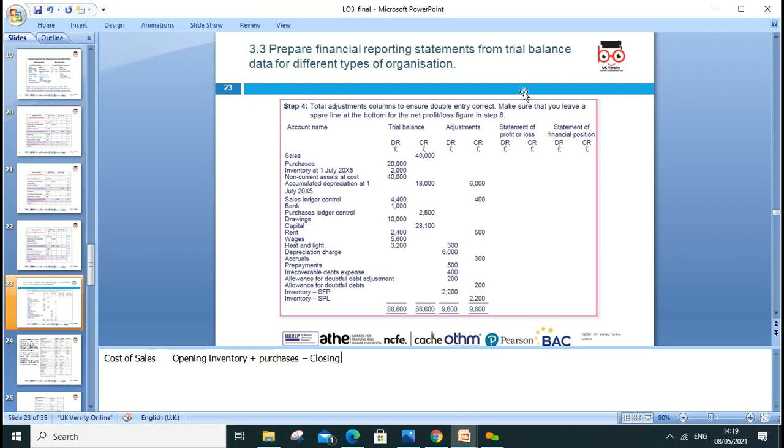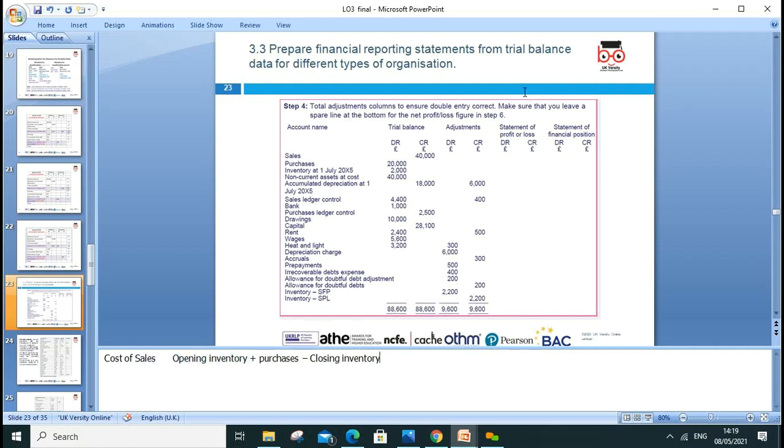That's given here in the trial balance. You will see it in the statement of profit and loss, 2,200, and in the statement of financial position. It goes in both. It's on the debit side in the statement of financial position because it's an asset, and closing inventory will reduce the cost, because you purchased things which are still left in our stock, we have not sold them, so that's still our asset.